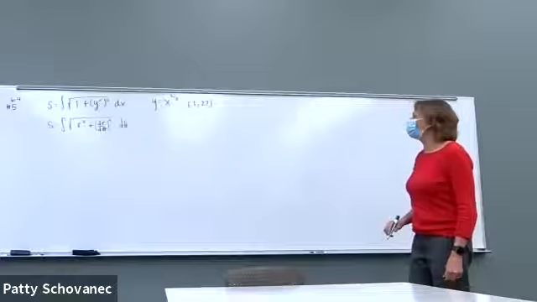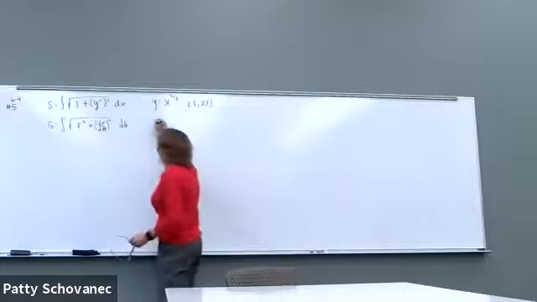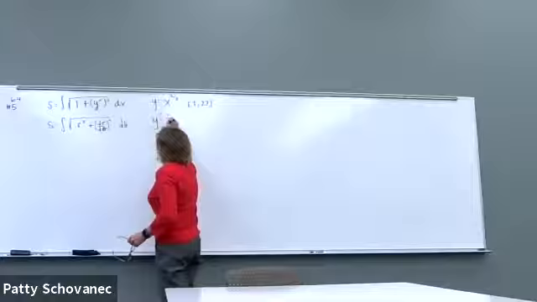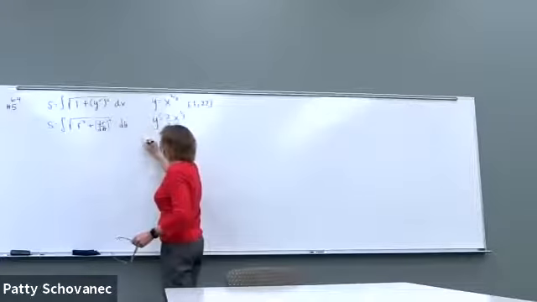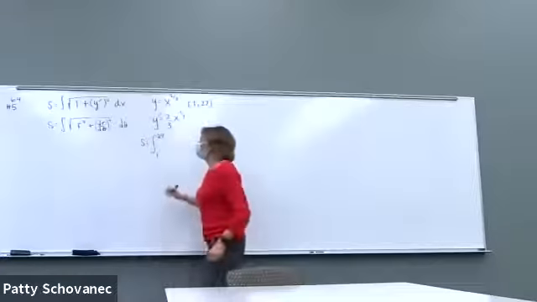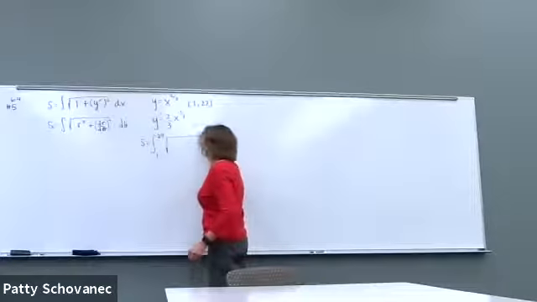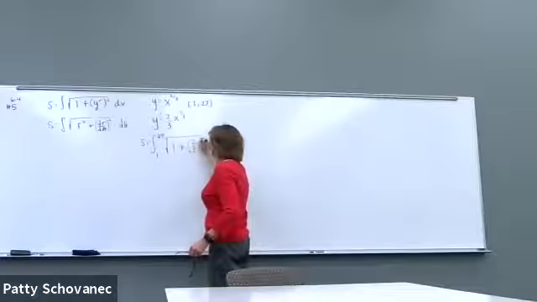So y prime is 2/3 x to the negative 1/3. And when we put it into the rectangular coordinates version, the 1 and the 27 go here. And I got to take my y prime and square it.